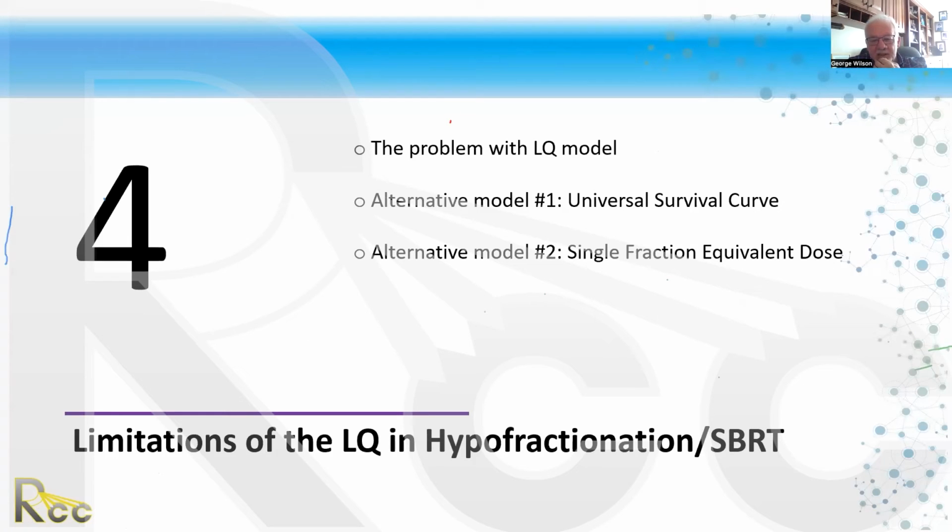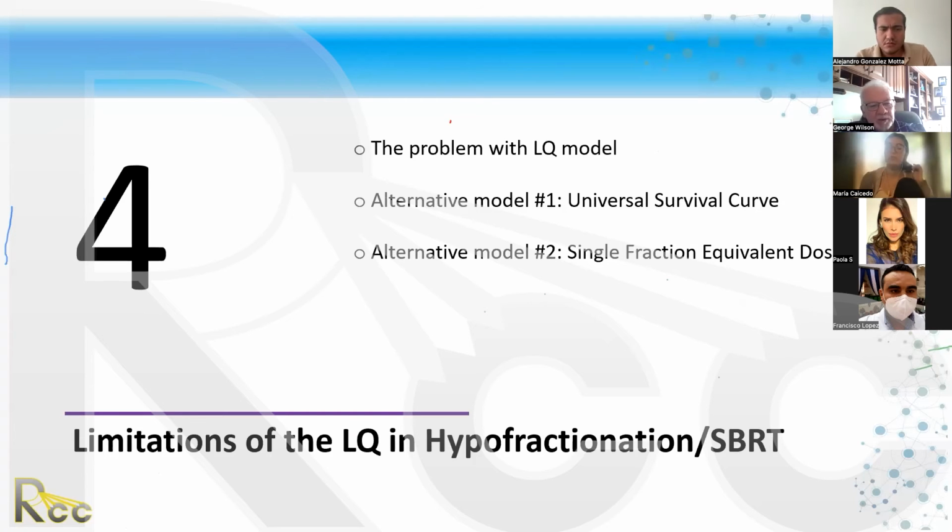So hypofractionation is a challenge to all of these calculations, because in the old days, people delivered 2 gray per fraction because they weren't able to really deliver the radiation as accurately as you can today. And so, simple box plans were used. More normal tissues were included in the radiation field.